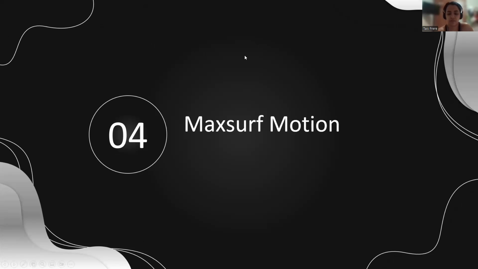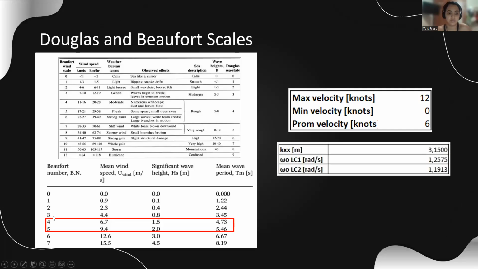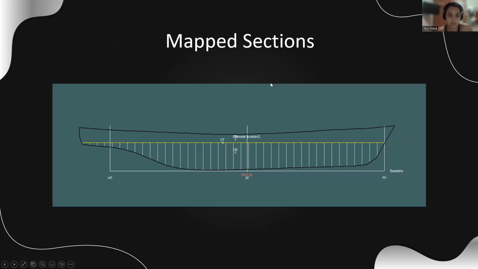For the analysis in MaxSurf Motion, we consider, as it was given, the sea state numbers 3 and 4, which in the default numbering are numbers 4 and 5. We also determine the natural frequency for each load case, and also the different velocities that we will consider.